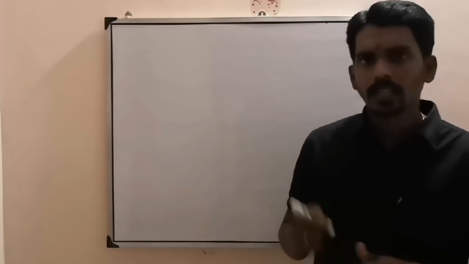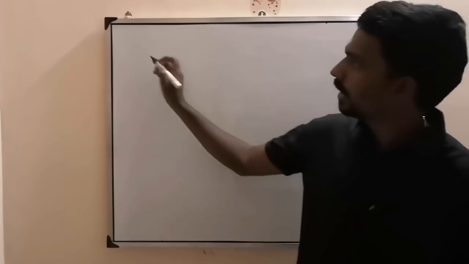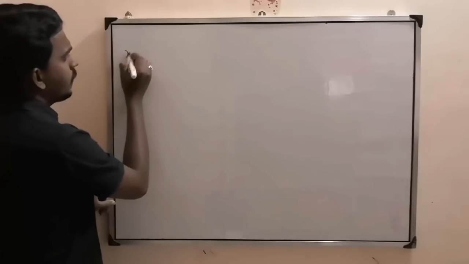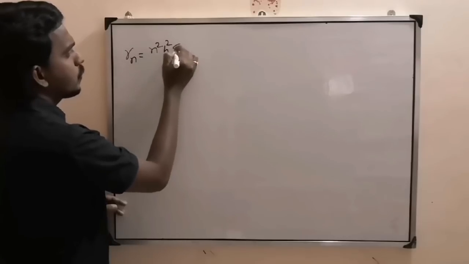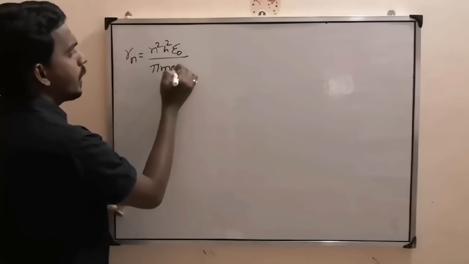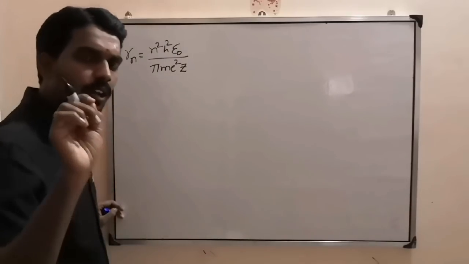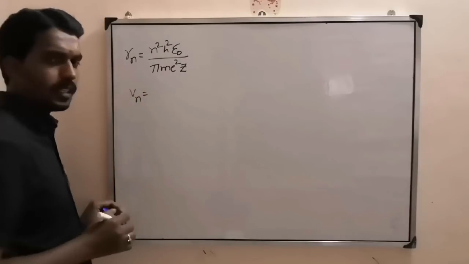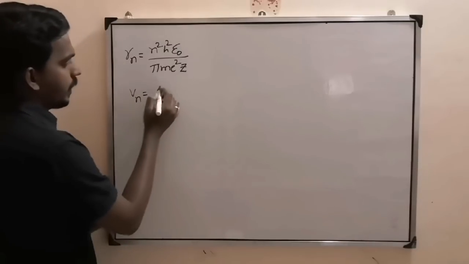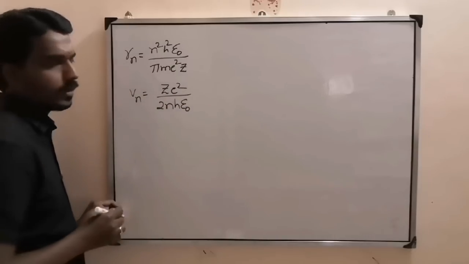Also, we have derived the equations for the radius of the nth orbit for any atom. That is given by Rn equal to n square h square epsilon naught by pi m e square Z. This is the equation we derived for the nth orbit radius. And the speed of the electron in the nth orbit is given by Z e square by 2 n h epsilon naught.